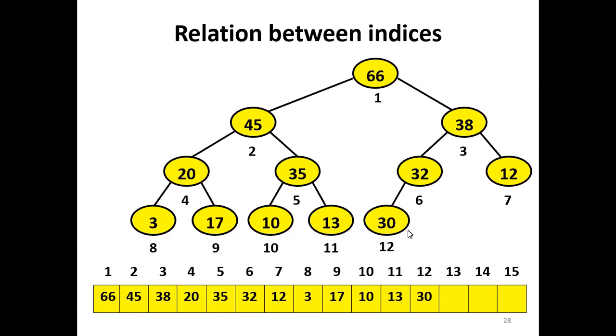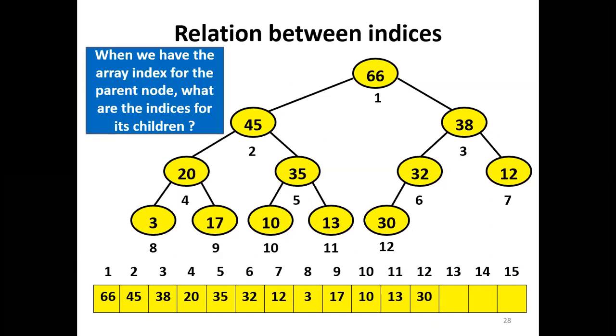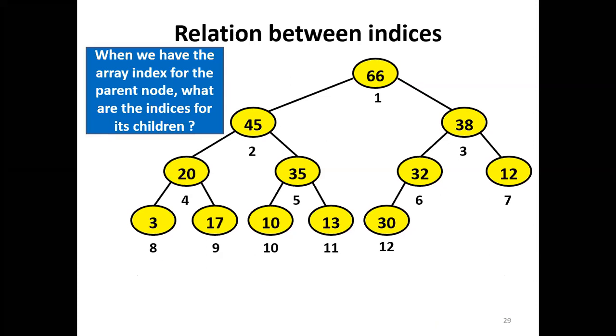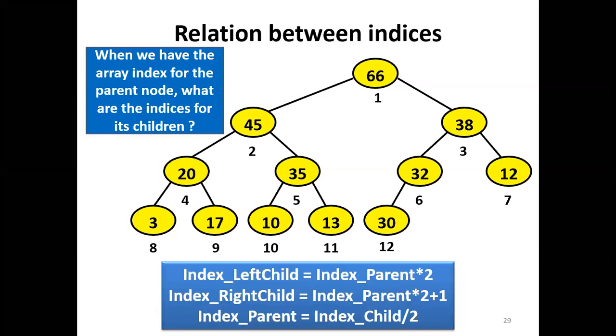Apart from having the index number from 1, we can also use the index number to find the relationship between the parent and the children nodes. What I mean is you can find the relationship between these parents and the children, which are 45 and 38.